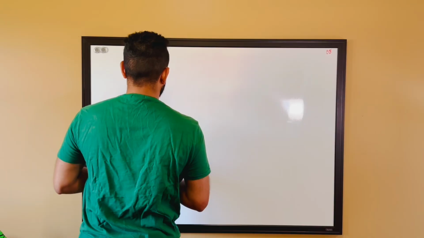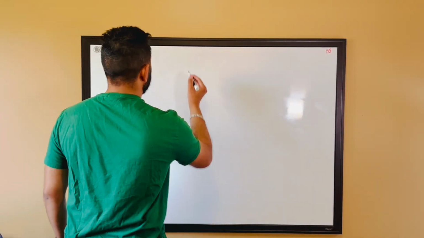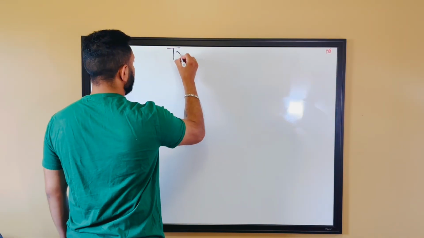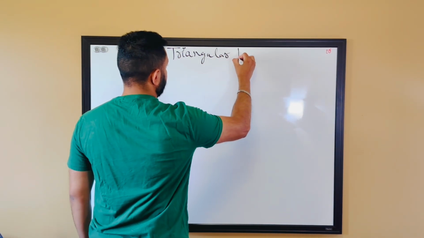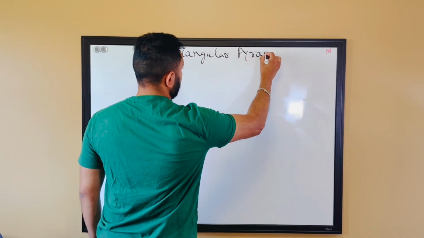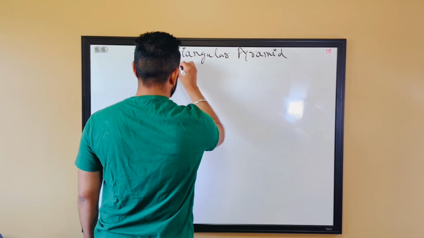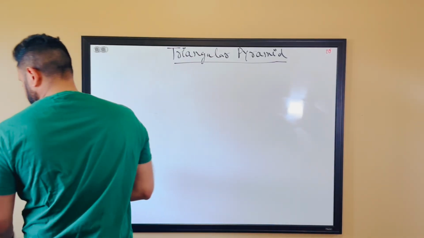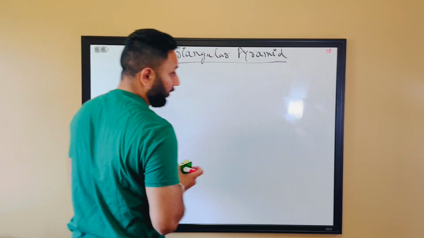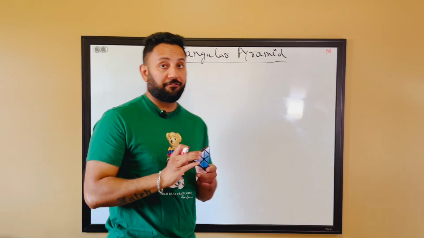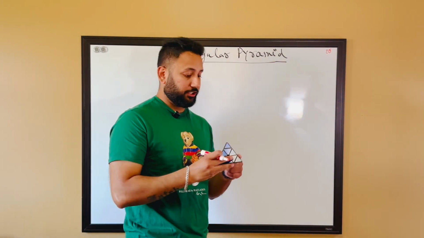So now we're gonna learn how we can draw the triangular pyramid. First of all, we're gonna draw the lateral faces that are adjacent.